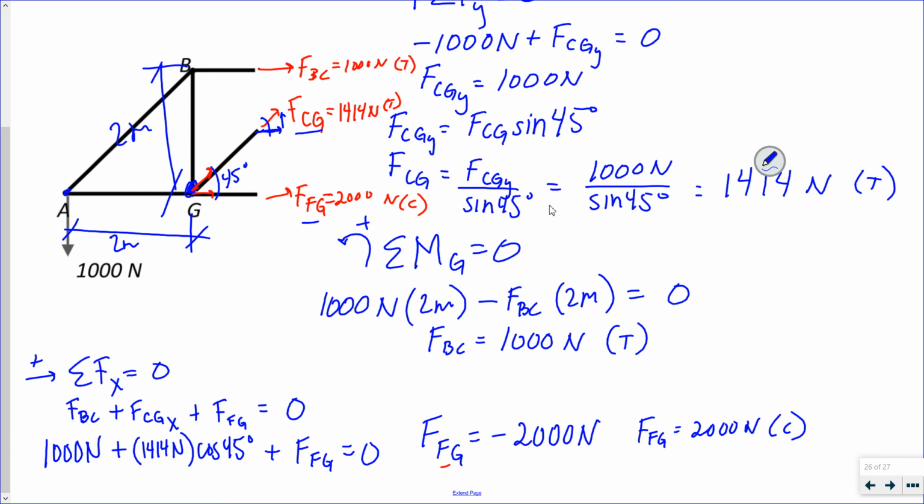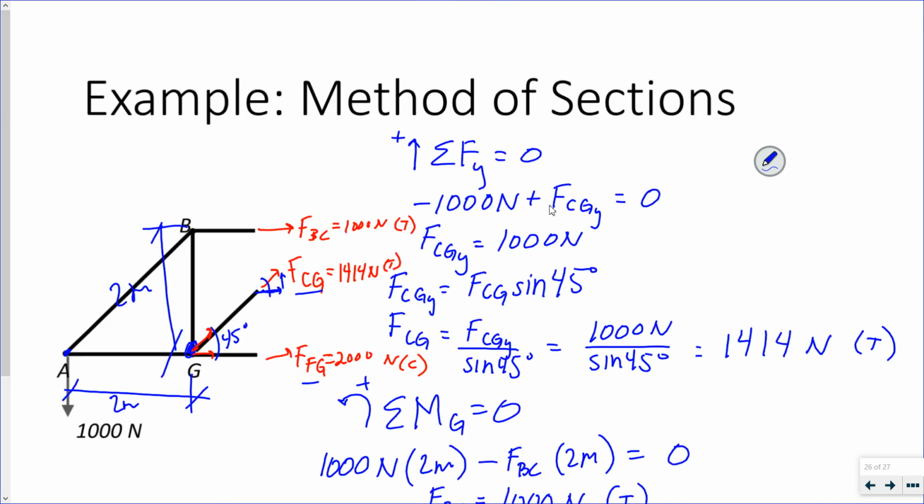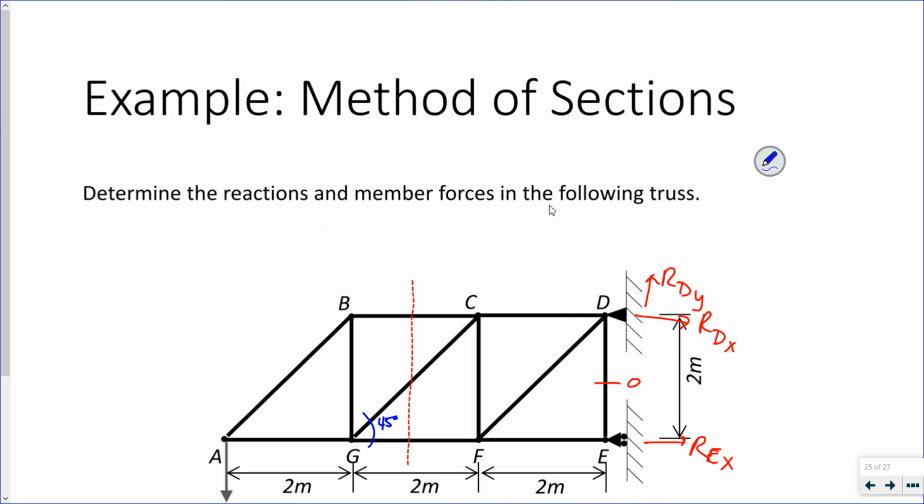So with that, I will thank you, right? And I guess also, actually, you can also check global equilibrium, right? If my RDy, which you could probably guess, 1,000 newtons that way, this was 3,000 newtons that way, and REx was 3,000 newtons the other way.